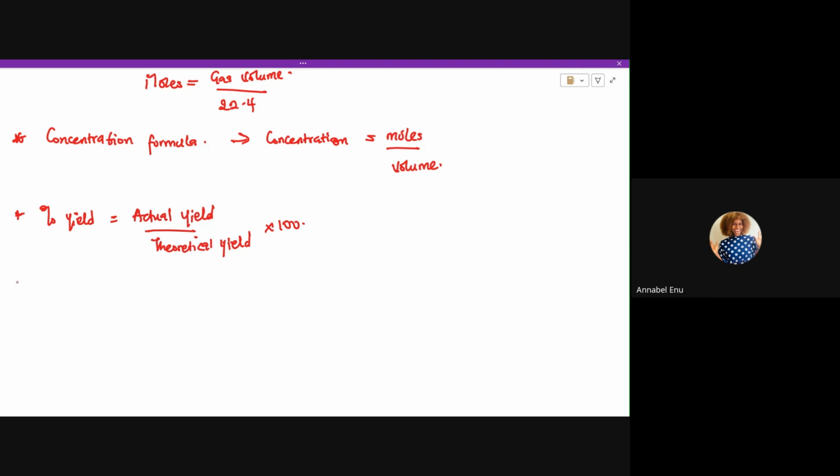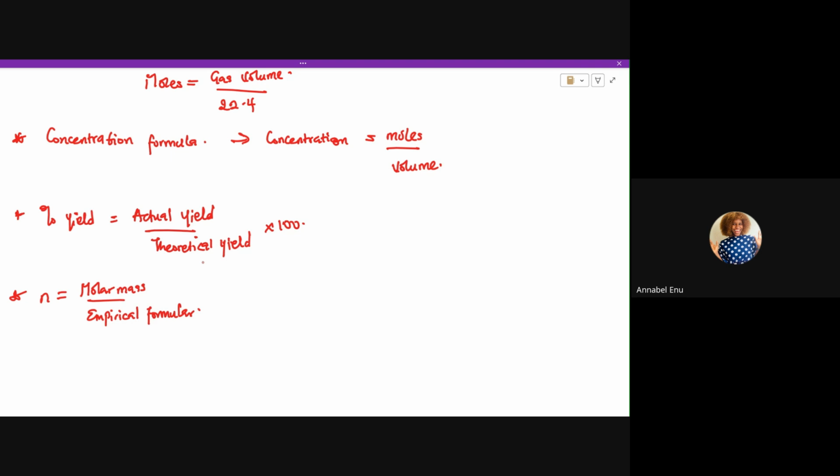And then for the molecular formula, when we've gotten our empirical formula, our number of molecules is equal to our molar mass divided by empirical formula mass. So we can use this to get the molecular formula.